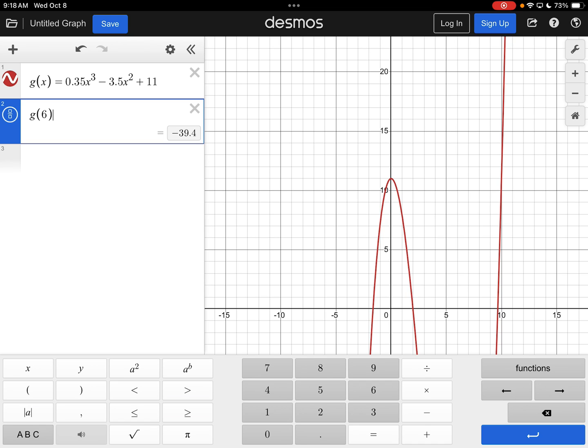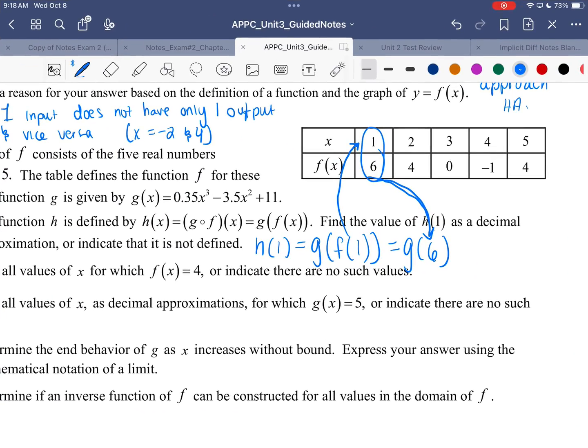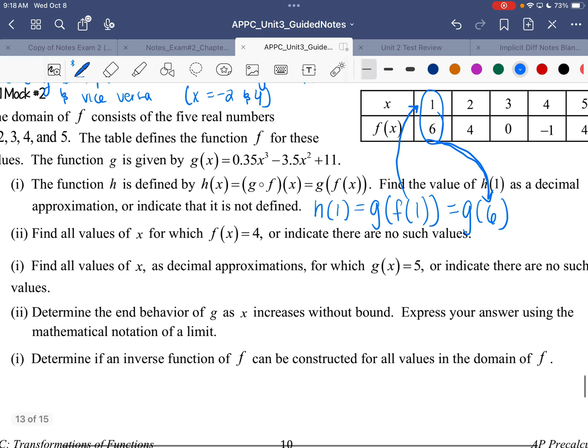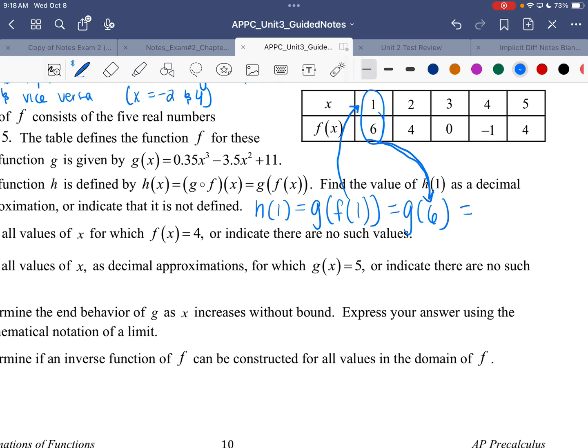You also could use your TI-30XA or TI-30XS or whatever sad little calculator you have in your backpack from geometry. But why? Yeah, you could have typed in 6 and then done 6 cubed times 0.35. Especially the XA is so bad.